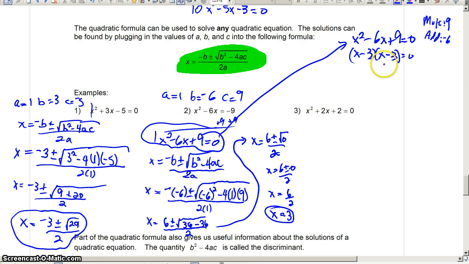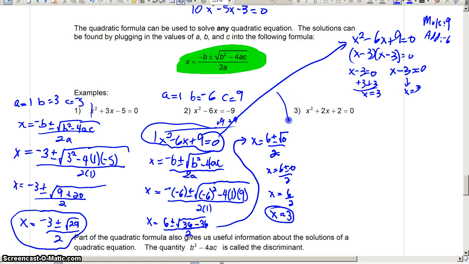You might try a negative 3 and a negative 3. This is going to work. This is going to factor. And if we were to set these factors equal to 0, sure enough, this is the answer we would get. Factoring is a fast way to solve. The quadratic, though, will work whether your equation would factor or not.